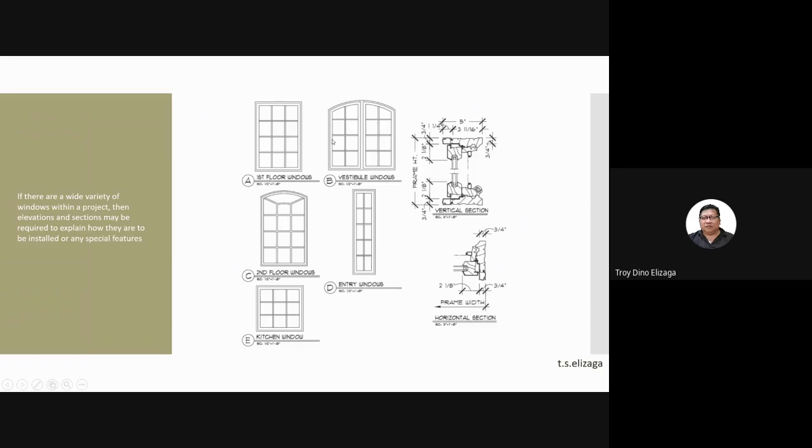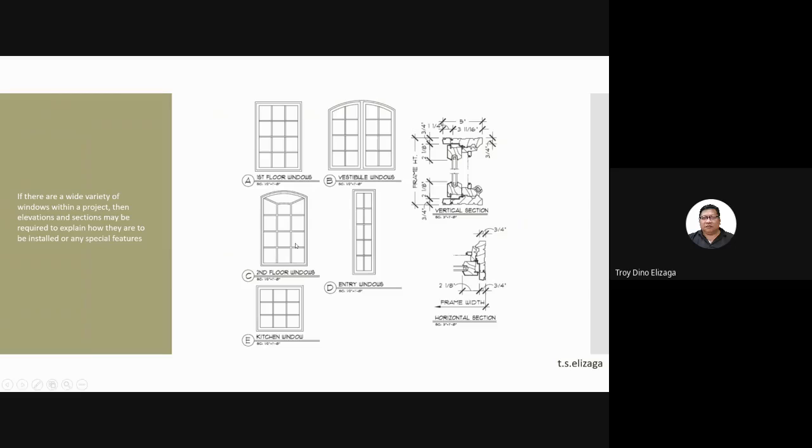Now it can happen that the window opens upward, so therefore that arrow will be pointing up because the hinges are on the top of the window. Or it could be a hopper type where the windows actually fall down, and then the hinges therefore are from the bottom. Now, if there's no indicator, that means that the window is fixed, so it cannot be opened.